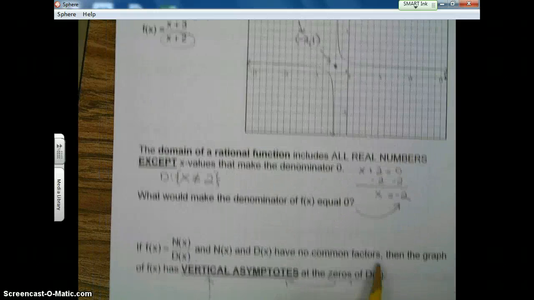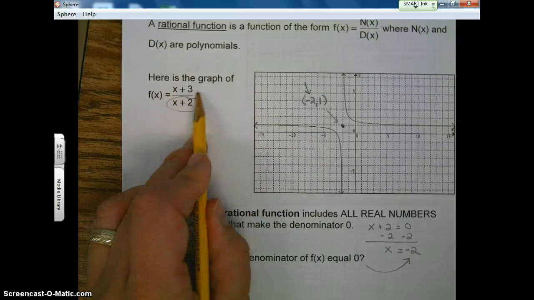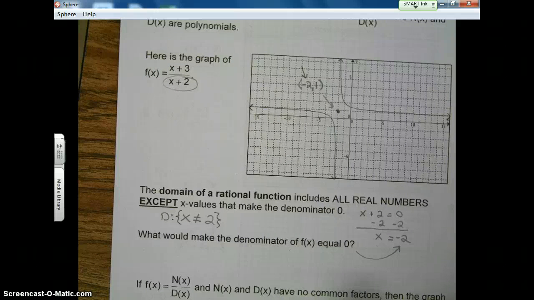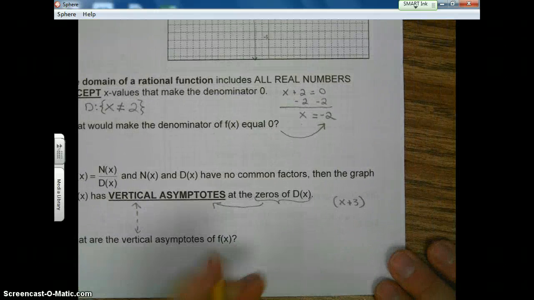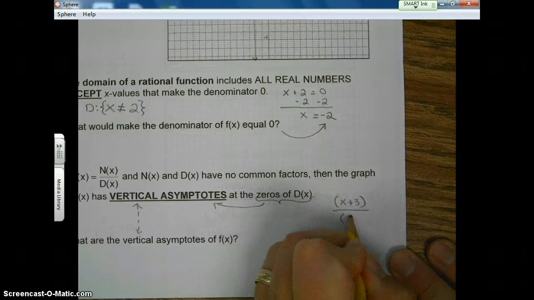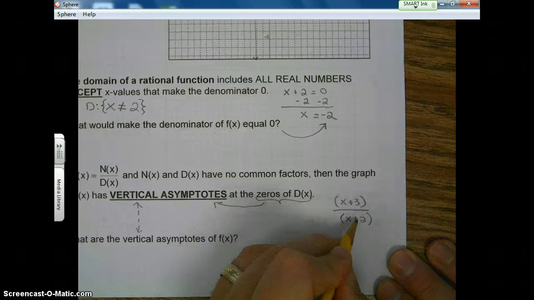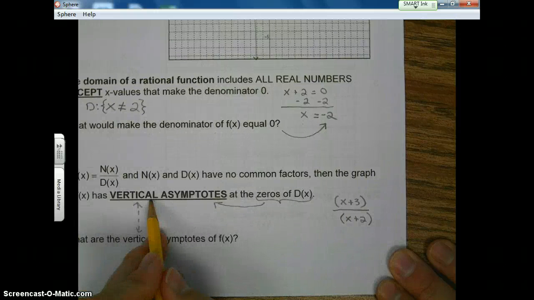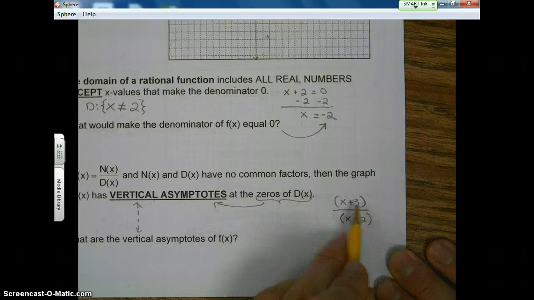Let's take a look at our function. X plus 3 is the factor on the top, and x plus 2 is the factor on the bottom. Do they have common factors? No. So to find the vertical asymptote, we want to find the zero of d of x.